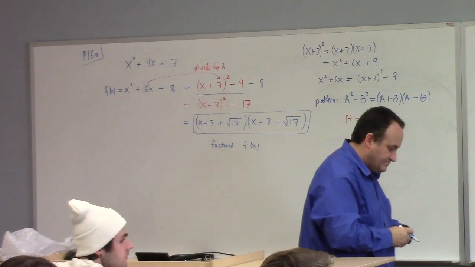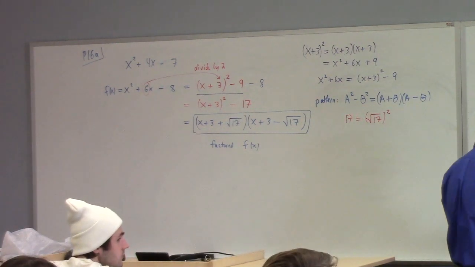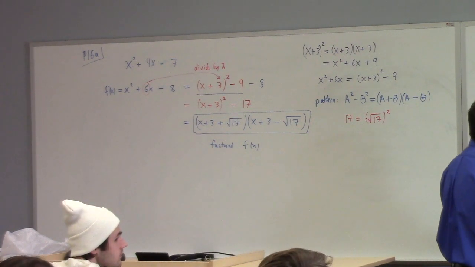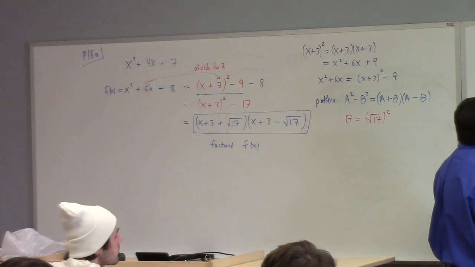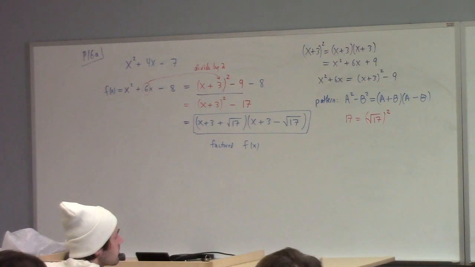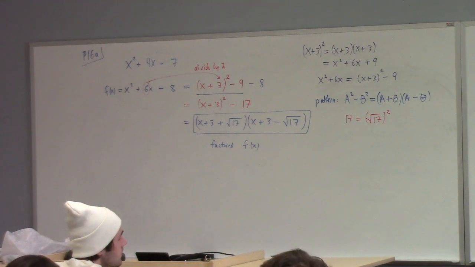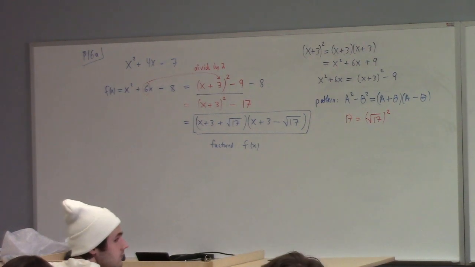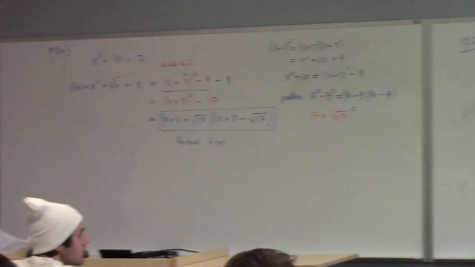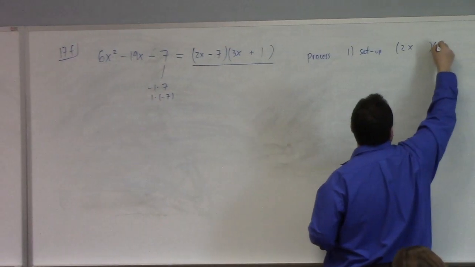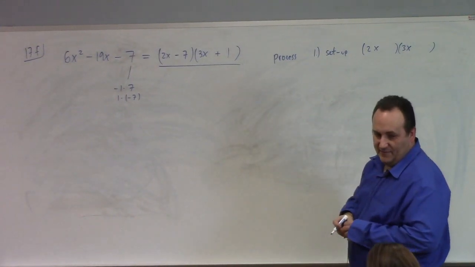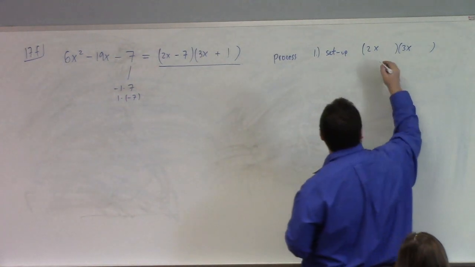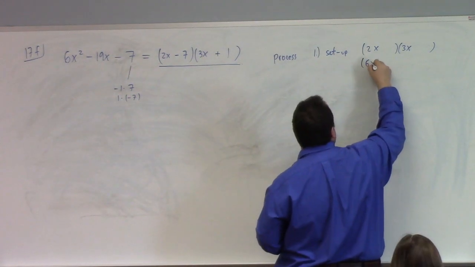So how do you get from the 21 to the minus 7? Oh, so the process is this. Here's the process. Number one, set up this. Now, is that written in stone? You might have to try this.